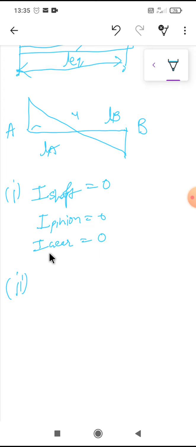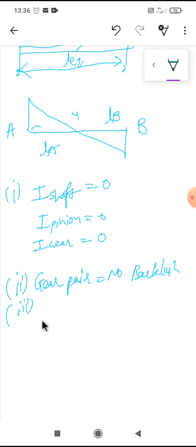So the inertia of the shaft, pinion and gear should be 0. The second is that there is no backlash in the gear pair. The third point is that the gear teeth are rigid and are not subjected to distortion under the tooth loads.